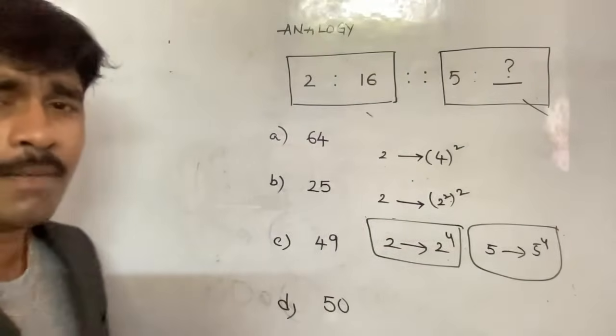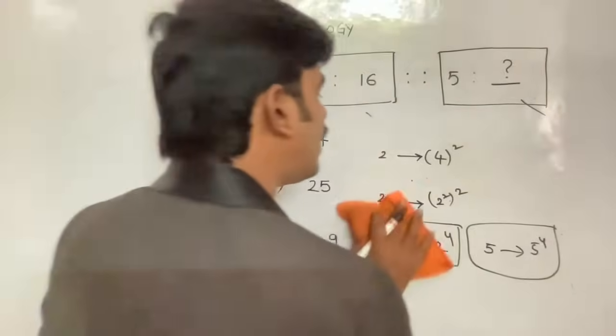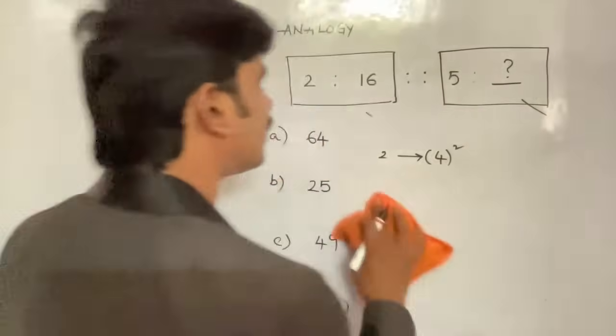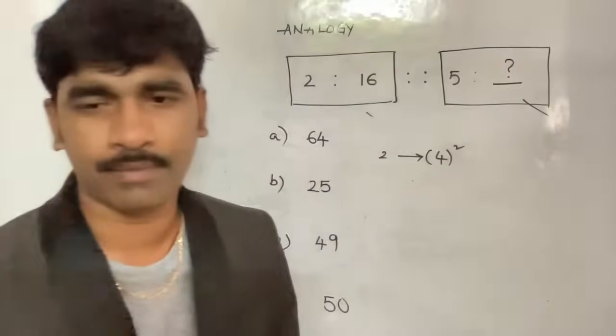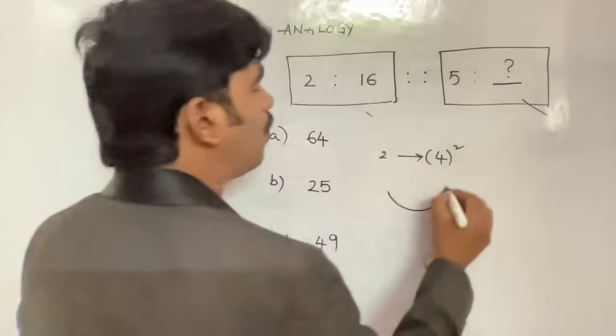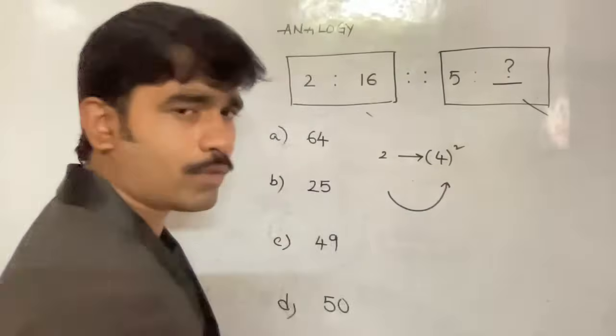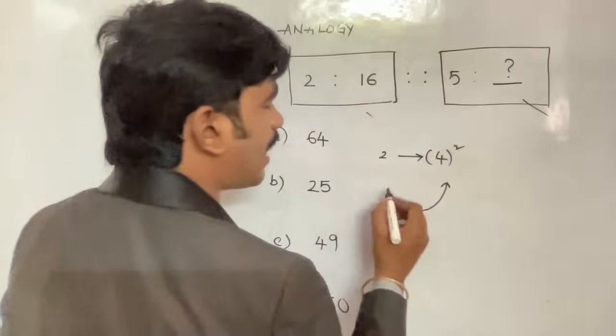We don't have the option, right? So since we don't have the option, whatever idea we are thinking may be a wrong way of thinking. We have to look for another way of solving. So what I do is, 2 becomes 4 square.